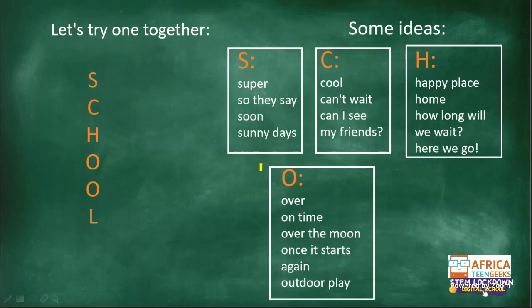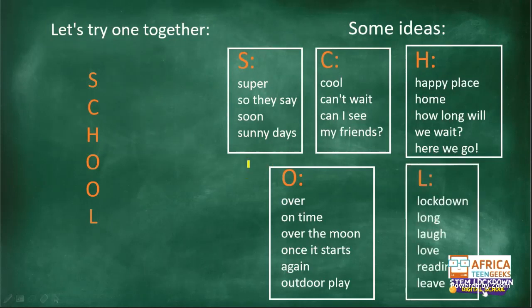Our next one. There's mine, and then you can write down yours. I used lockdown, long, laugh, love reading, or leave. Okay. One other word I see here that you can add to O is orange.